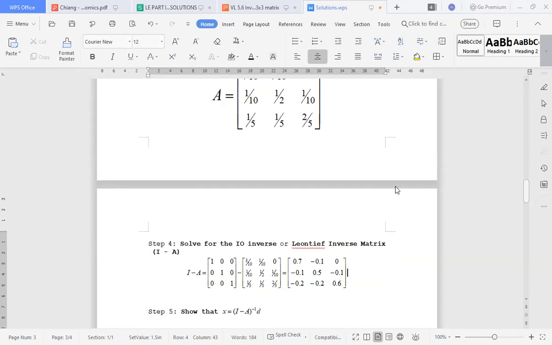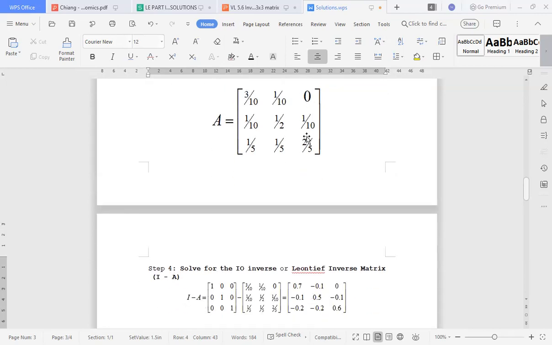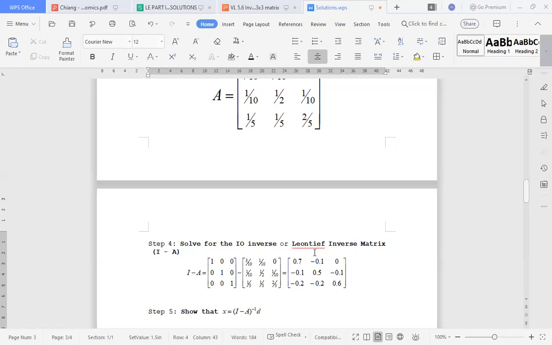Okay, so in that case, with this original matrix, you'll need to subtract it. We need the identity. So that would be the identity matrix minus the original matrix. We'll not call that one the original matrix. That's the identity matrix minus the technical coefficient matrix, equal to this one here.